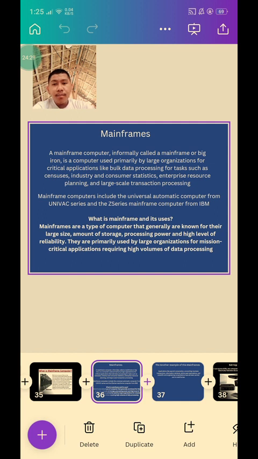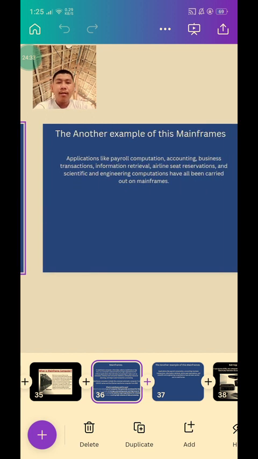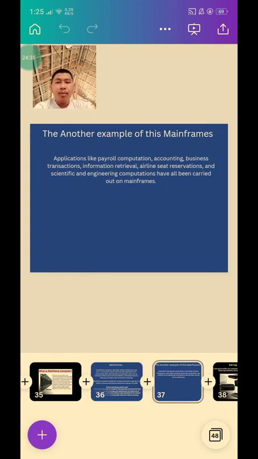Okay? Yan po ang mainframe. Another example of this mainframe.